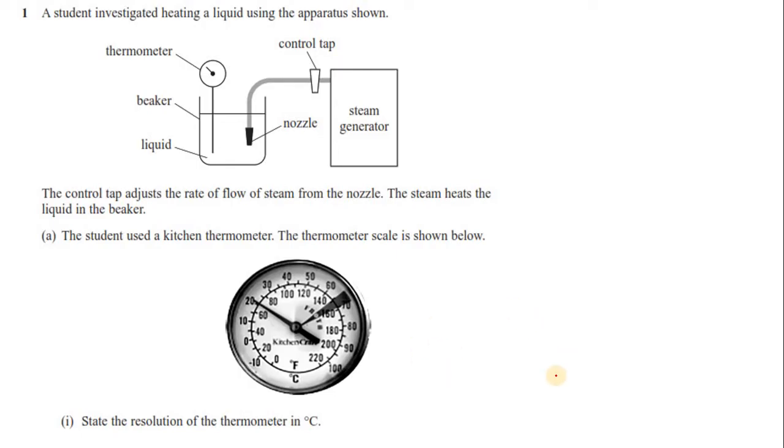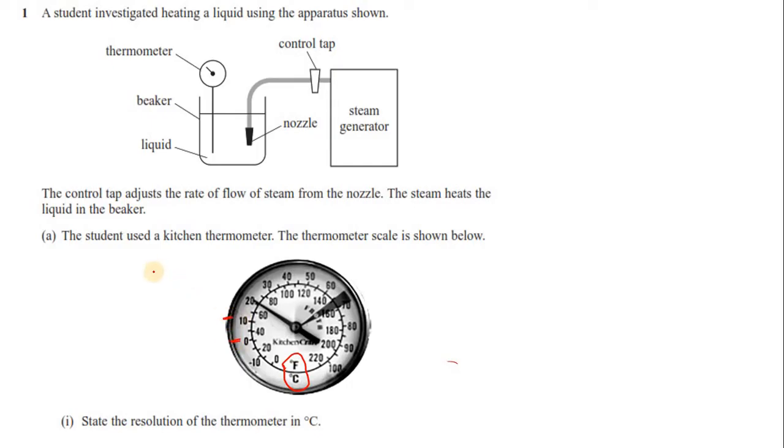So if you watch carefully, the diagram has two scales, degrees Fahrenheit and degrees Celsius. The degree Celsius is the lower scale, so you need to read the resolution from this upper reading here. The way that you read resolution is you look at the first interval, which is 0 and 10.